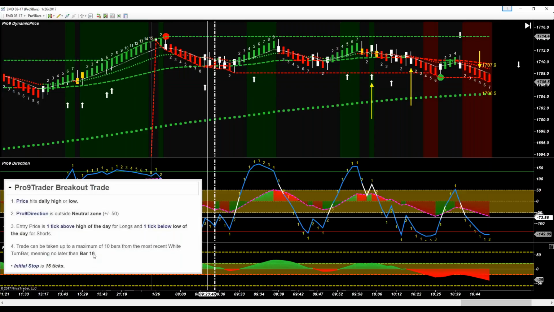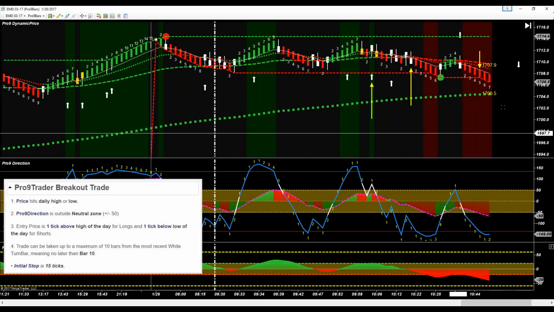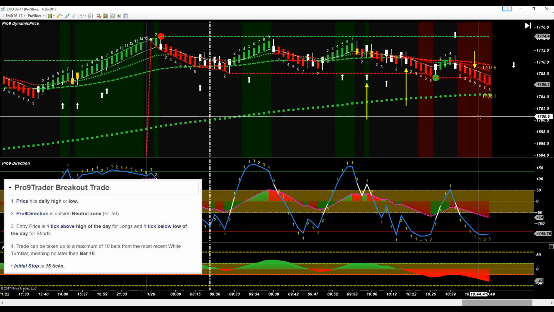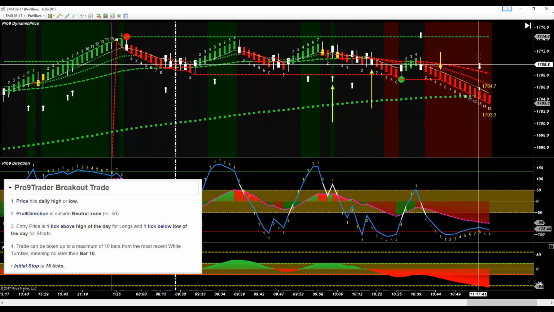So really, we don't want to enter a breakout if the bar that breaks through the higher low of the day is past bar 10. We found that after that it becomes much more risky, and they tend to run out of steam if that's the one that breaks through. And then if we missed both of these entries, we come down here and we have a momentum entry.